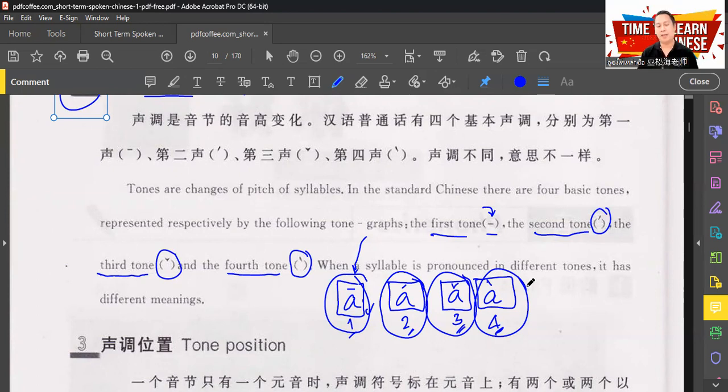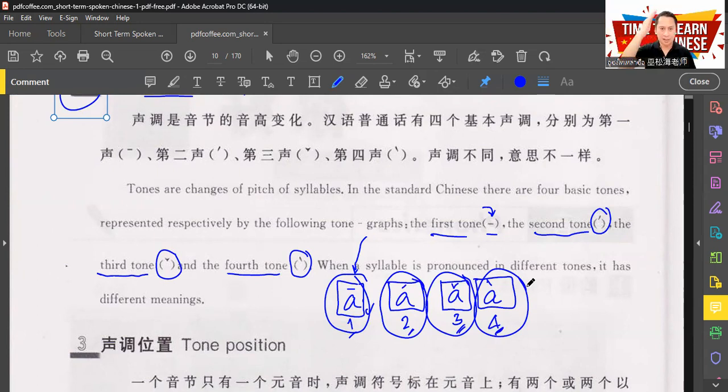to separate the tones, instead of only saying them, you will remember it better. Again, please. The first tone is ā. Second tone, á.